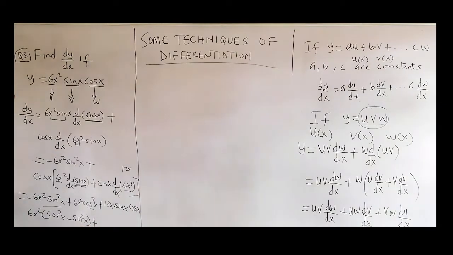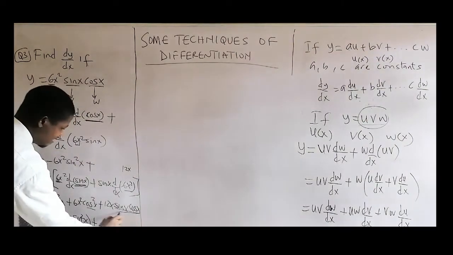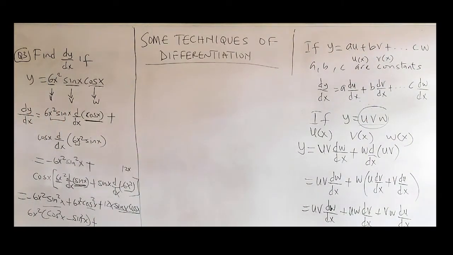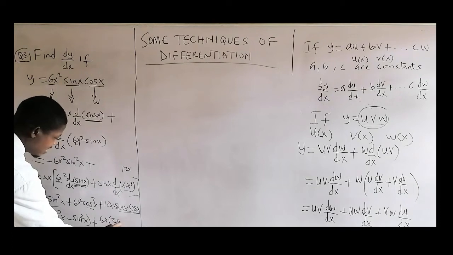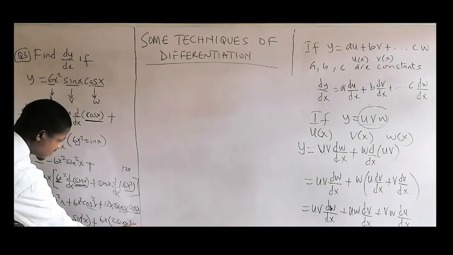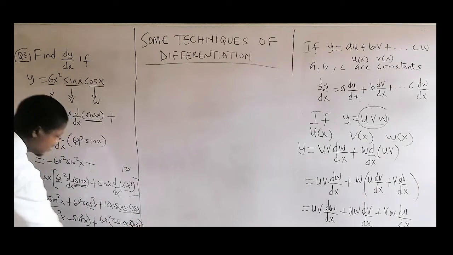Then plus, check this one properly. You can see sine times cos x. So we can bring out something there, which is sine 2x. So that will be 6x times 2 sine x cos x.